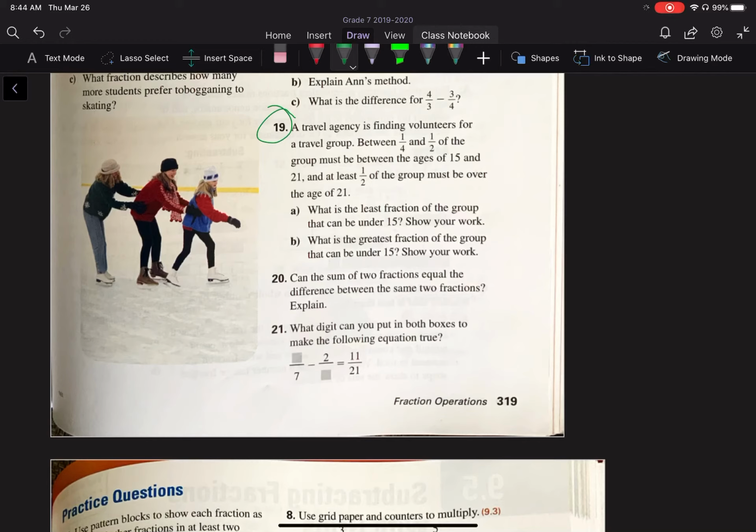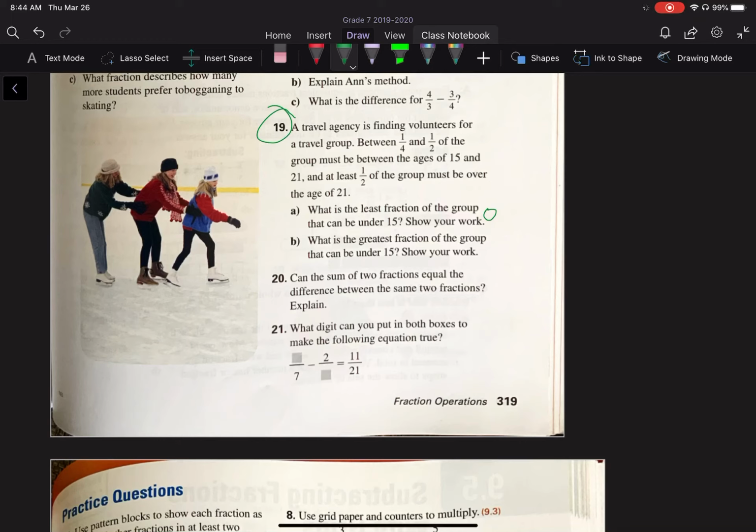So the maximum of people between the ages of 15 and 21 is half, the minimum is a fourth. So the minimum number of people who are under 15 is 0.